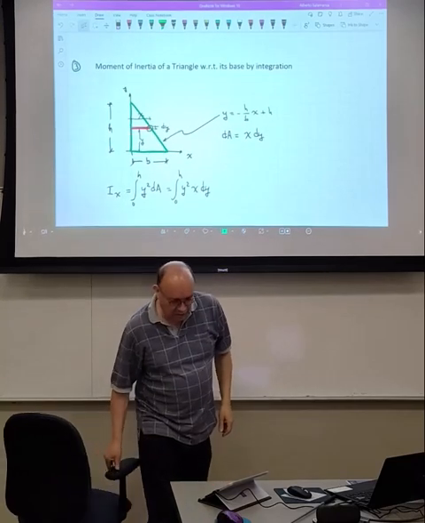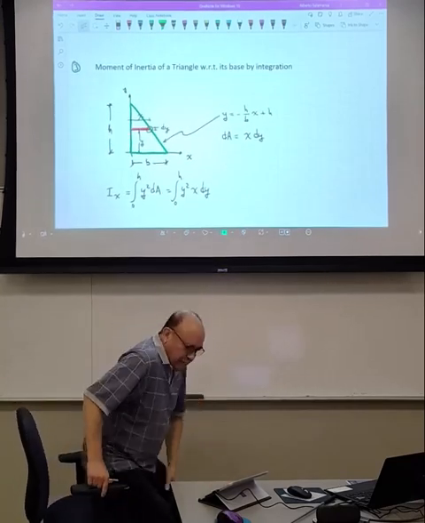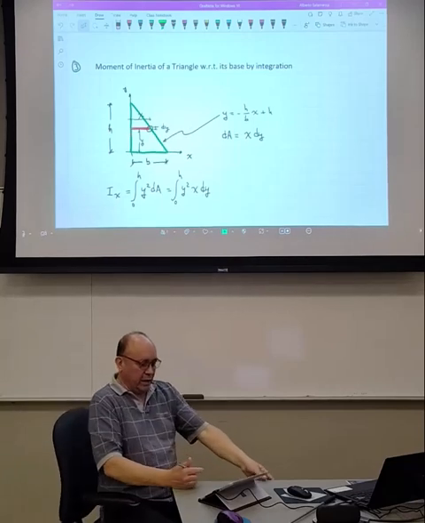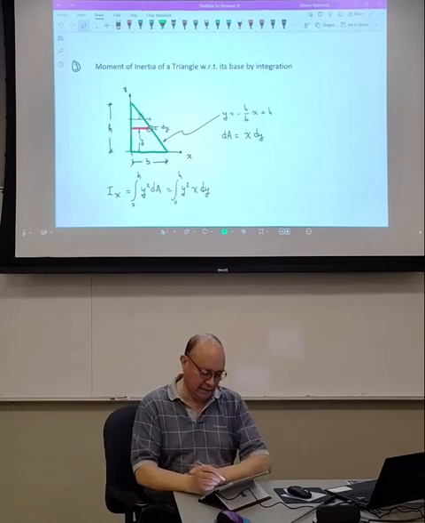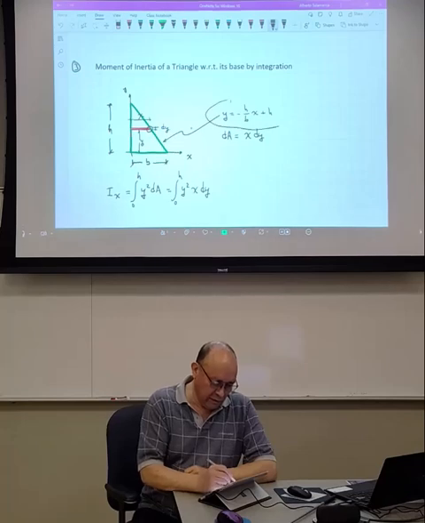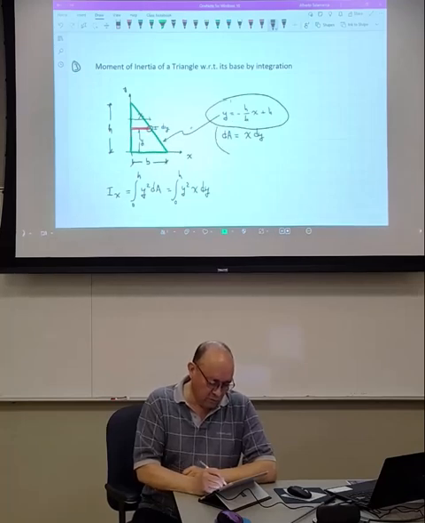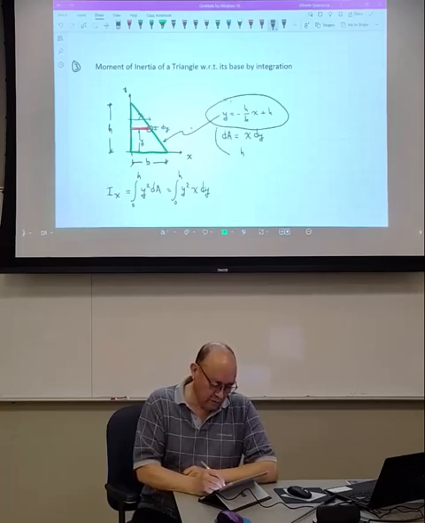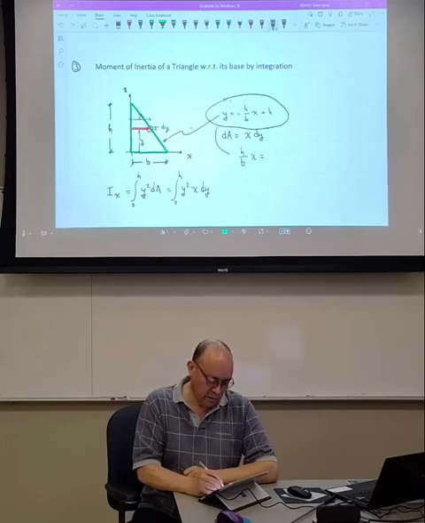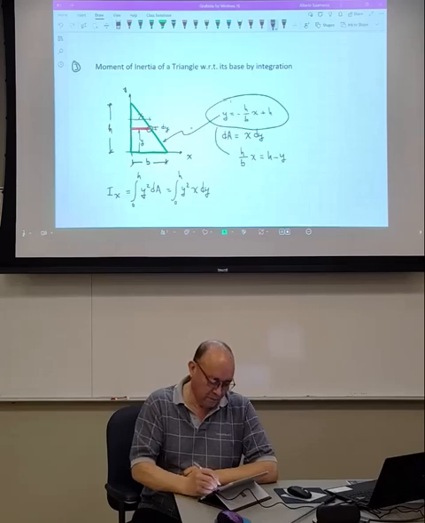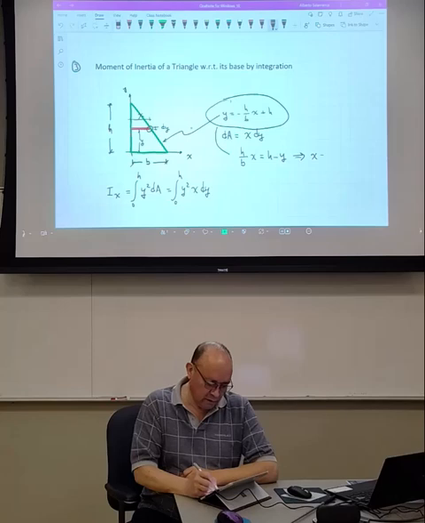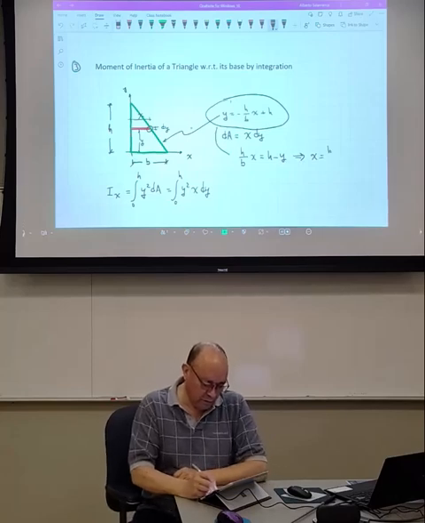We have a problem with the x. We cannot integrate with that x. We have to put x as a function of y. I hate that, it's horrible. So we have to solve for x. We have h over b x equals h minus y. So from here I get x equals b over h times (h minus y), I guess.